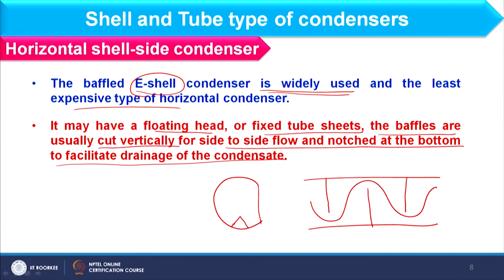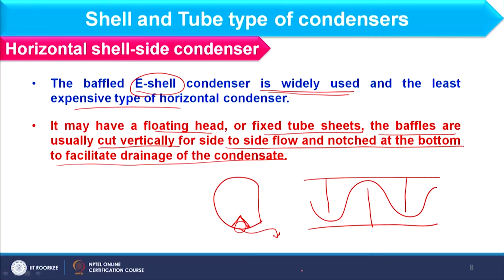So, how can we remove the condensate when baffles have a vertical cut? For that, we usually place a V notch at the bottom, and from this open space the condensate is continuously removed. So, we can have removal of the condensate as well as the movement of vapor.